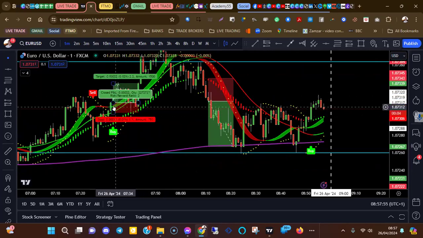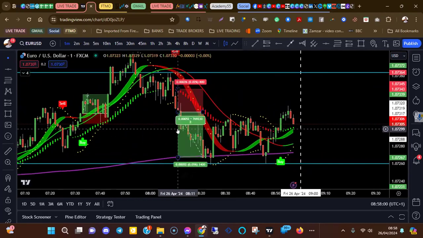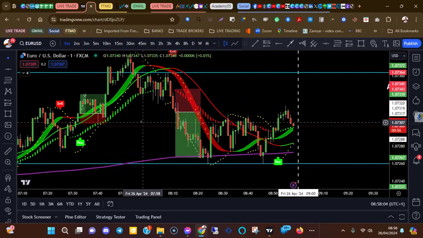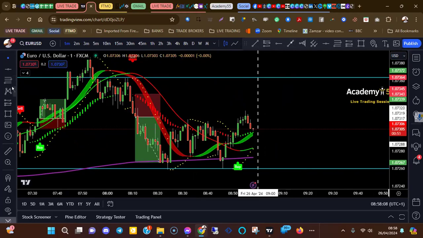That was a 2% at 7:30 this morning. Then we had another 2% at 11 minutes past 8 this morning. And let's see what this one does. So let's get the long tool.